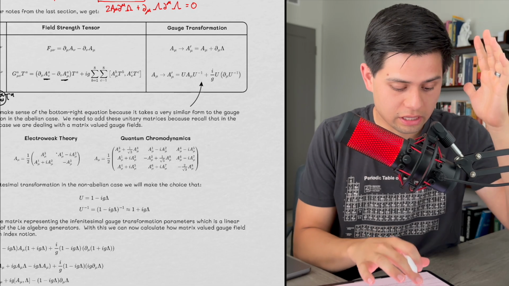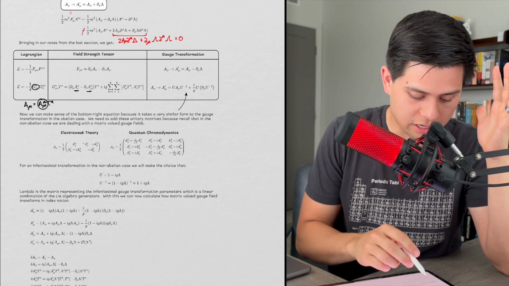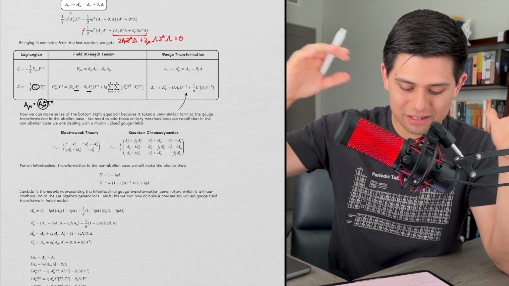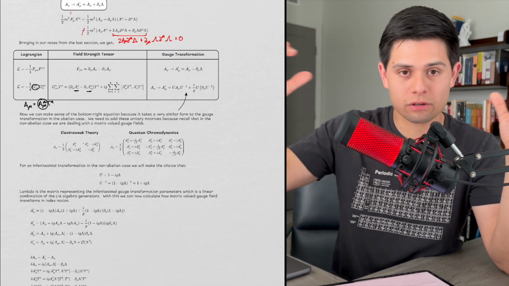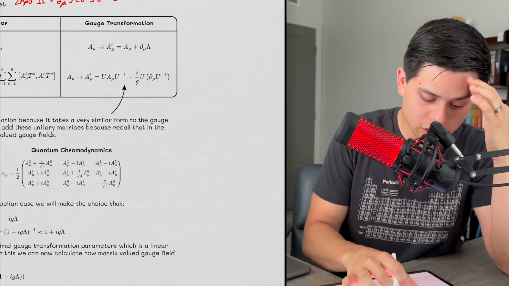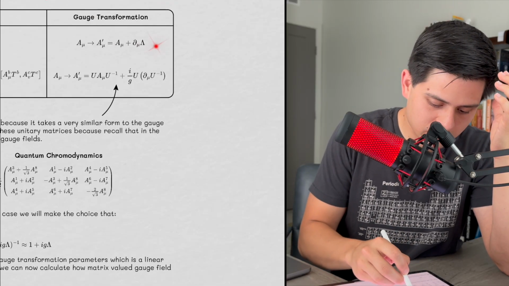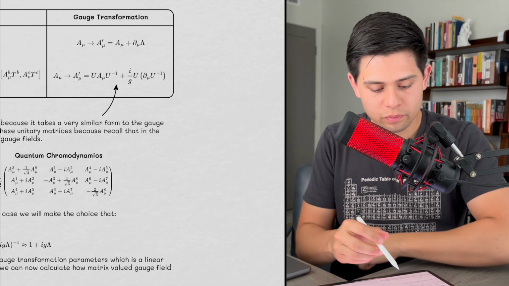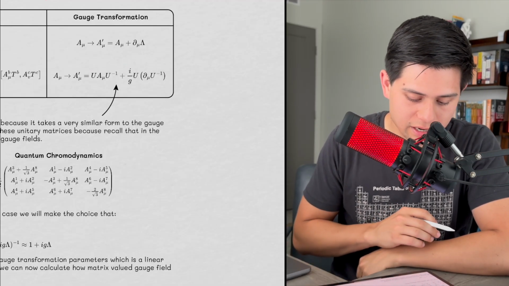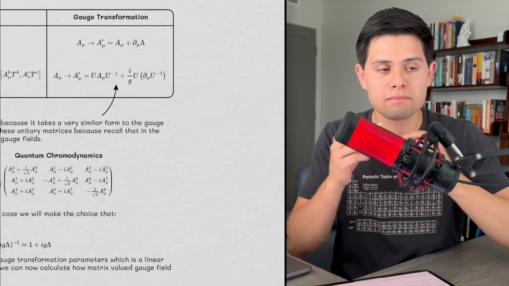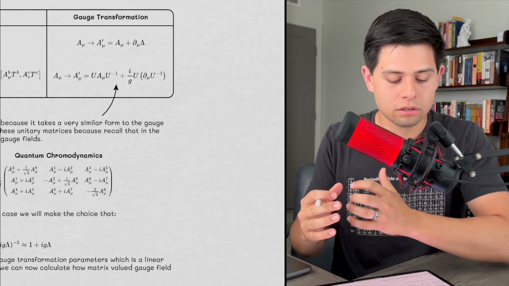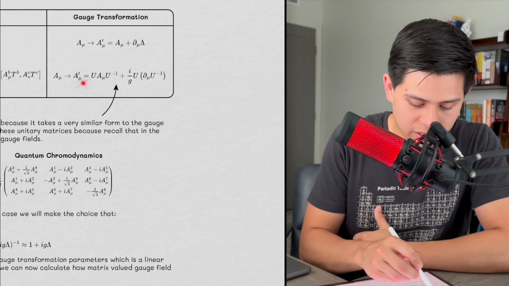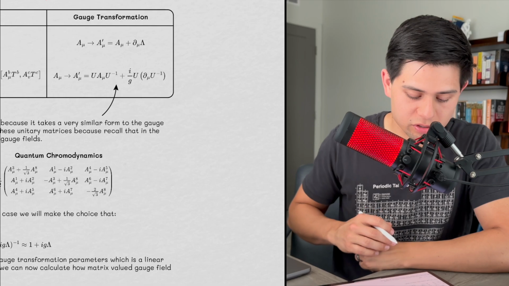So we have this new interacting term. What does this mean in terms of our gauge transformation? It means we want something that looks like this, but we need to make it look like this now, because this is a matrix valued gauge field. So we need these unitary matrices. We're going to propose to have it like this, and then these unitary matrices to have like this.